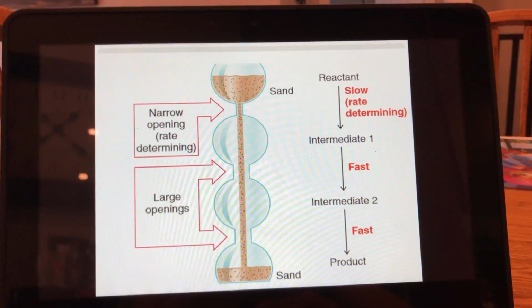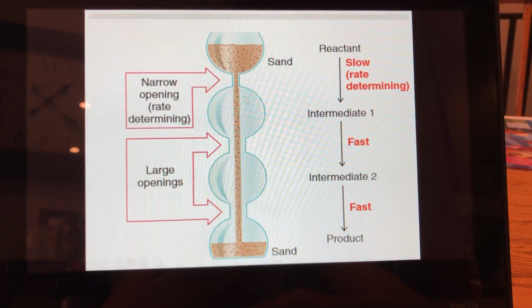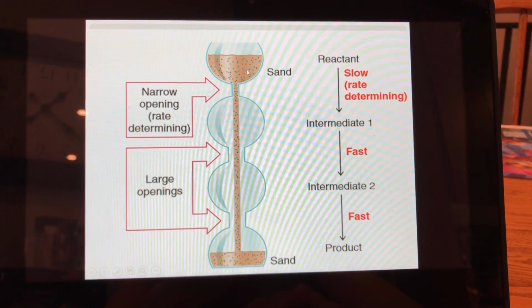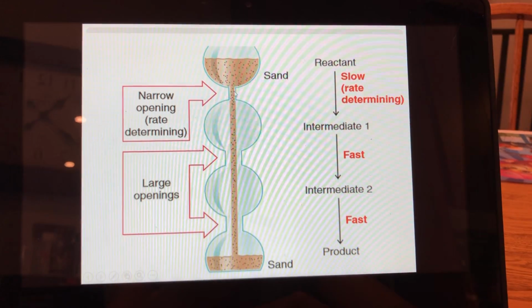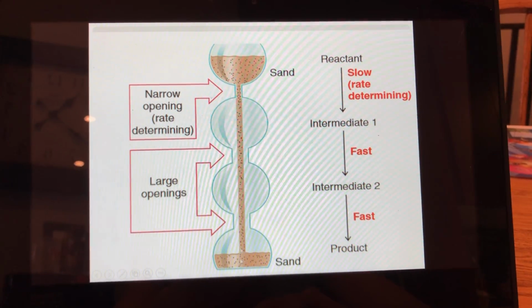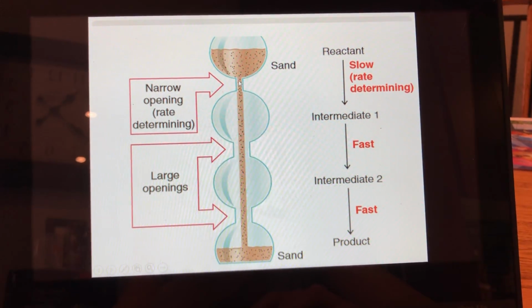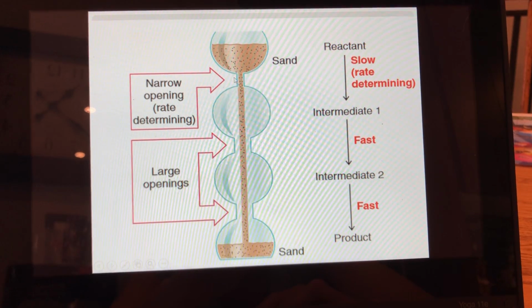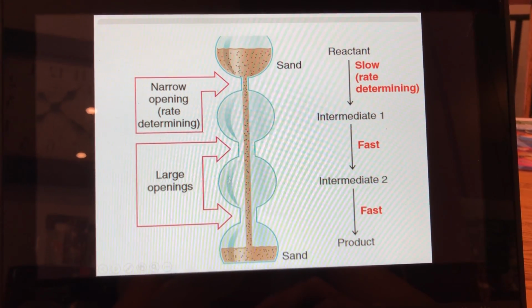Okay, so here's another analogy. Here you have sand going through this apparatus, and our goal is to get all the sand to the bottom. So the rate of this reaction is determined by the slowest step again. There's step 1 here, step 2 here, step 3.